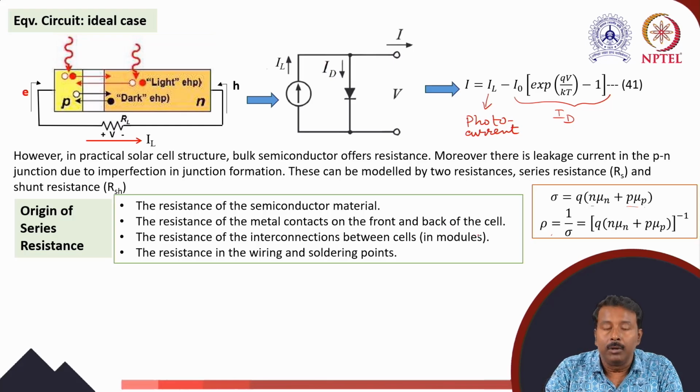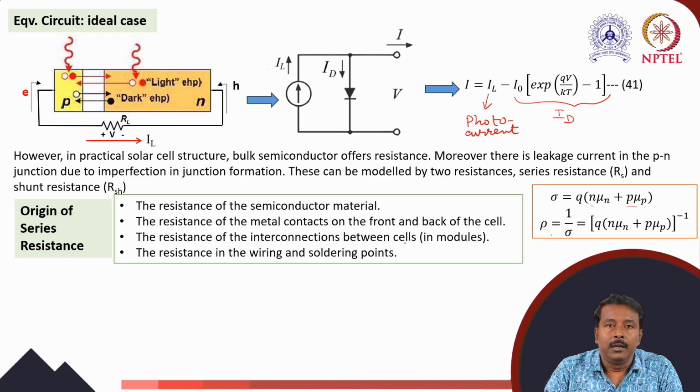Resistance of the interconnections between cells. In the case of modules, this is actually important, because in a module there is an array of solar cells. Say n number of solar cells are connected in series, and such connected n cells are again connected in parallel with m rows.